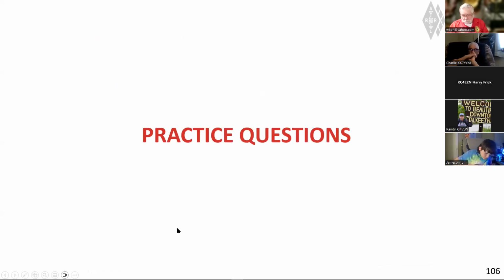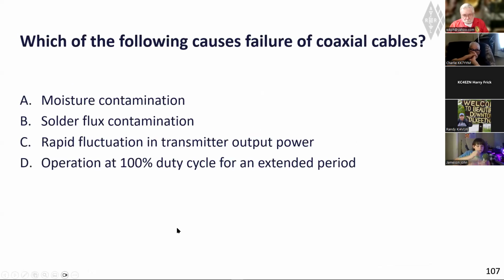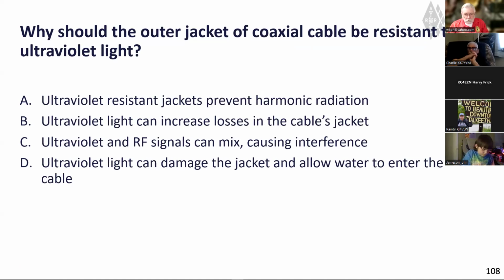Practical questions. Which of the following causes failure in coaxial cables? That would be A, moisture contamination. Why should the outer jacket of coaxial cable be resistant to ultraviolet light?